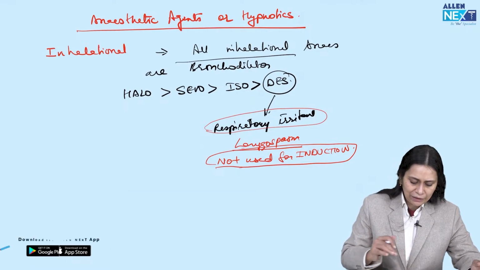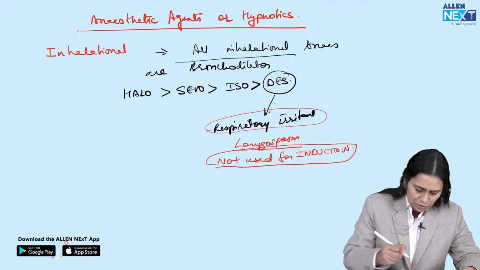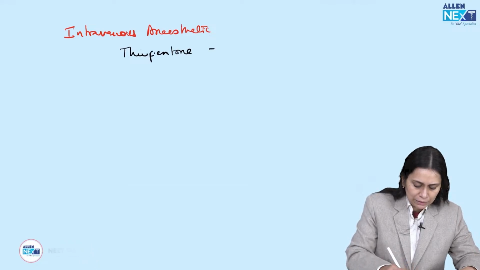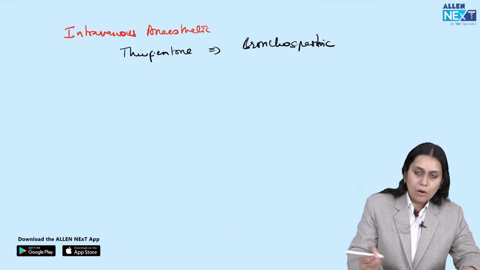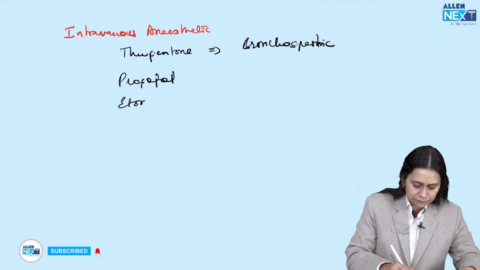Okay. In IV anesthetic agents, thiopentone. Now, thiopentone is bronchospastic, right? Restall, propofol, your etomidate, your ketamine, right?